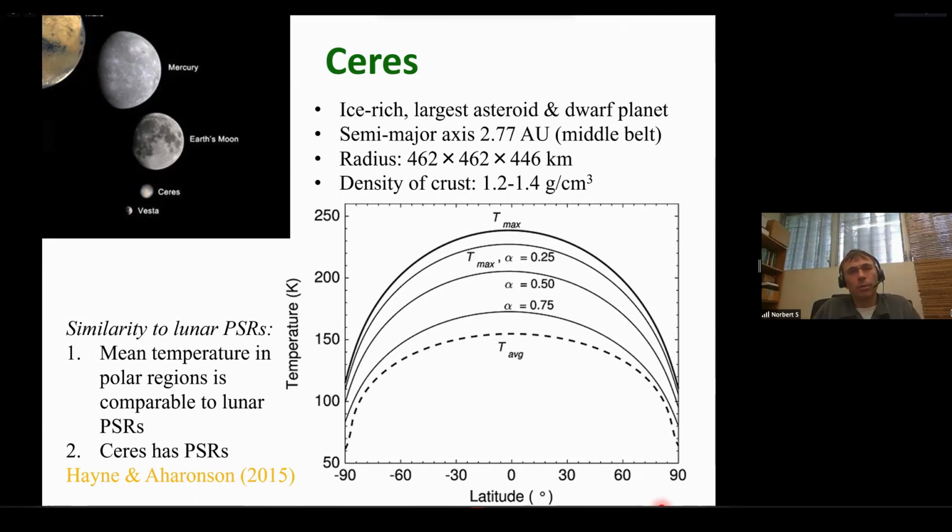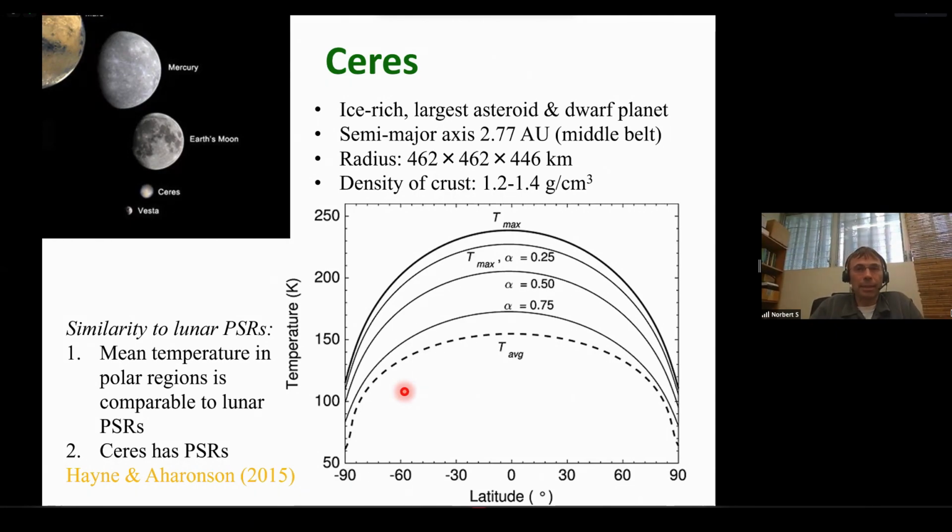It's always been understood from its low density, and now Dawn has explored Ceres from 2015 to 2018, so we understand so much more about it now. Here's a graph of modeled temperatures, and the average temperatures poleward of about 75 degrees are about 110 Kelvin, right?